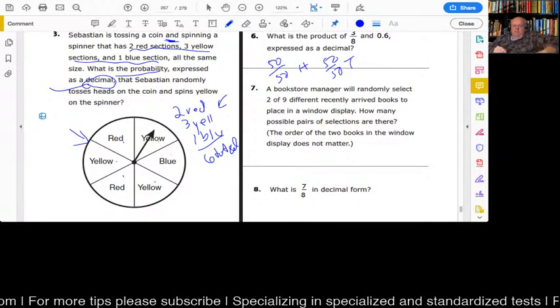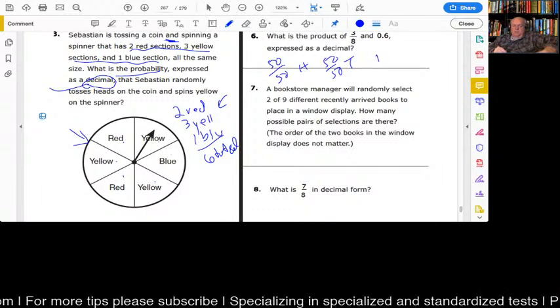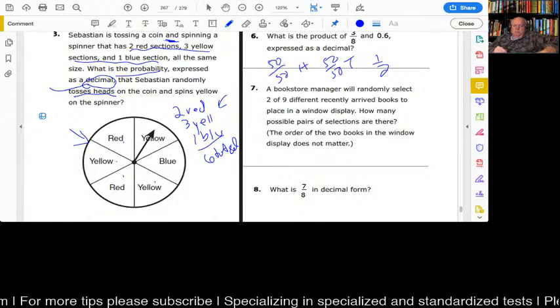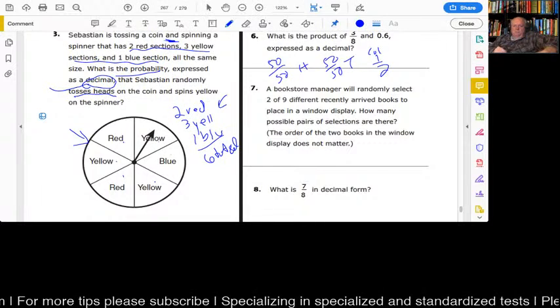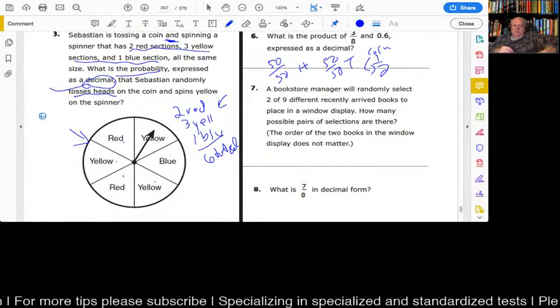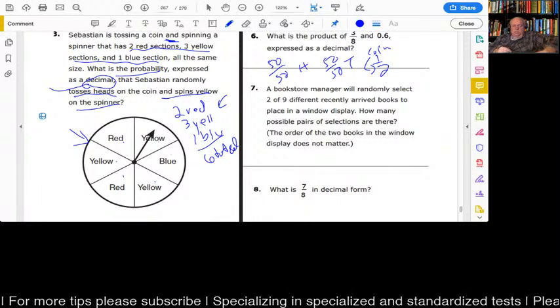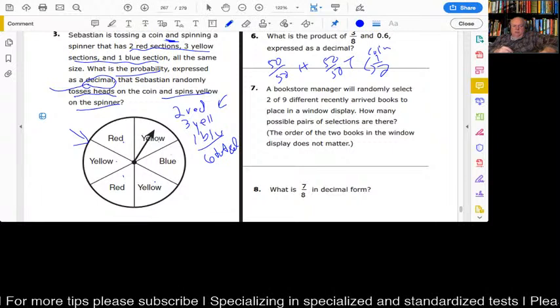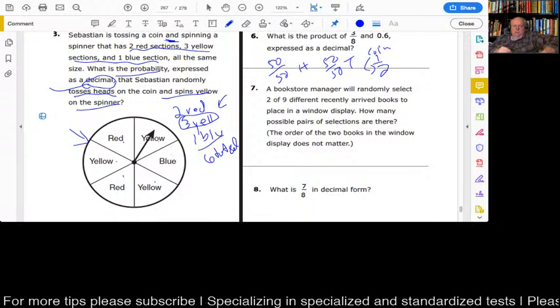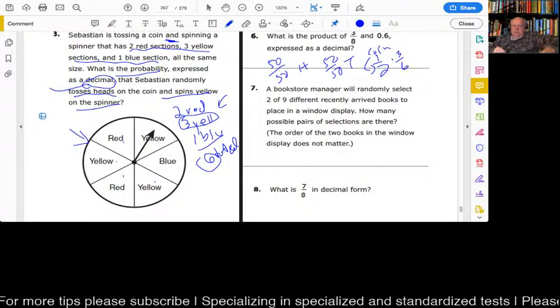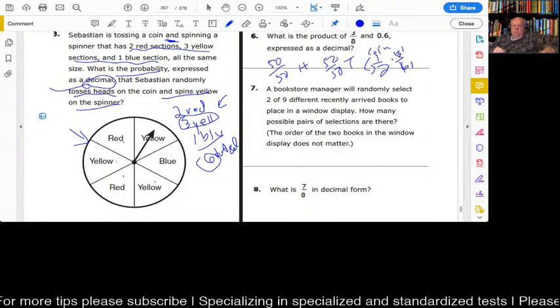So his chance of the coin is a half, okay? And he spins a yellow on a spinner. So what's the chance he spins the yellow? Okay, there's 3 yellows out of 6. So that's also a half if we cancel that out, okay?